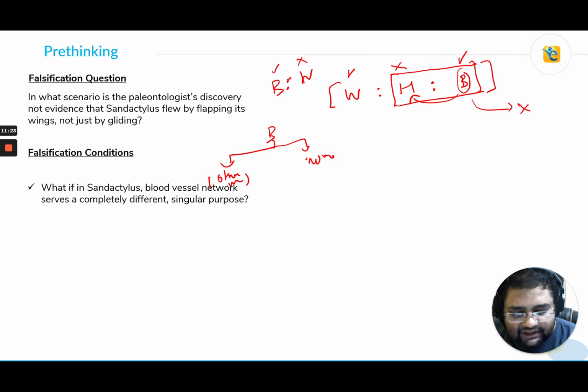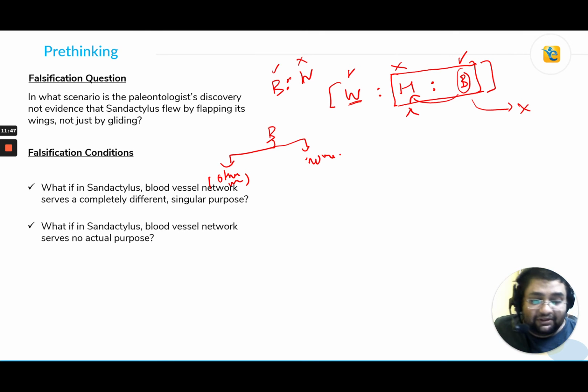Even in such a case, the very same logic applies. Then if you are the author, this discovery of blood vessel network cannot be used as a basis to claim that Sandactylus also used to flap its wings for flight. Why? Because it does not serve the purpose of heat generation. In reality, it does not serve any purpose at all. This chain is yet again broken. So that's another falsification condition we can think of.